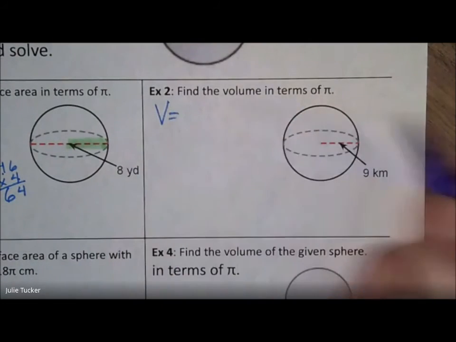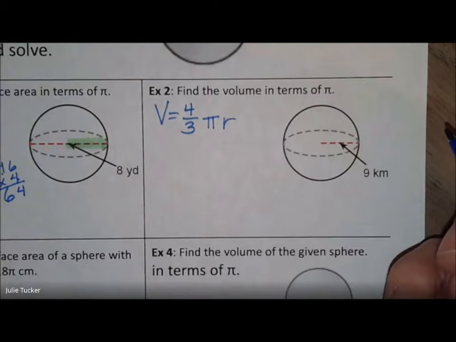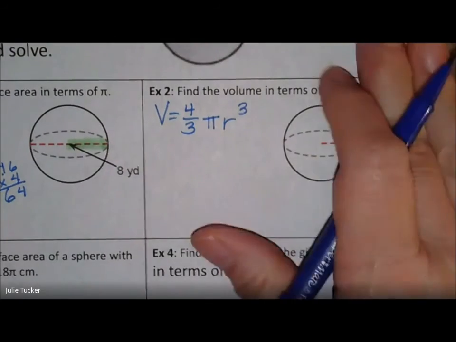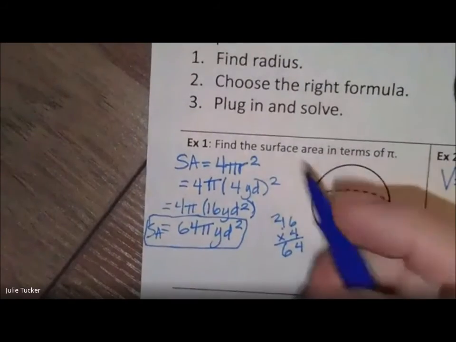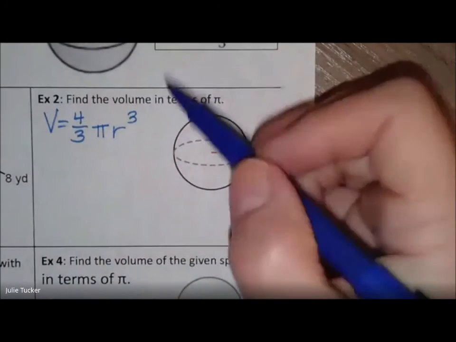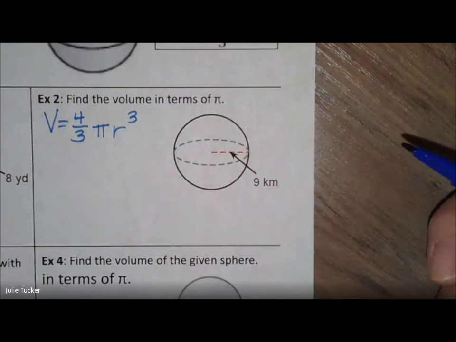So the volume formula is 4/3 pi, not squared. Good. And the way I always remember it is area is squared, so the r is squared in the area formula. Volume has cube units, so the r is cubed in the volume formula.